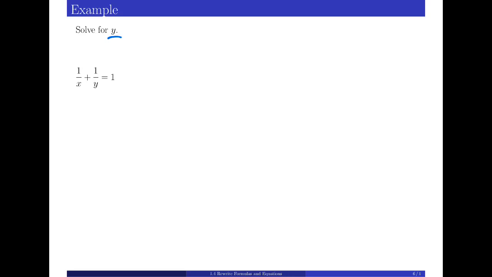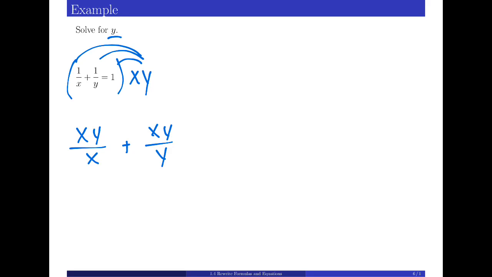The first thing that we need to do is multiply the entire equation by xy, because that will get rid of the fractions. So we would send that to all three terms, and so we would have xy over x plus xy over y equals 1 times xy, so just xy.